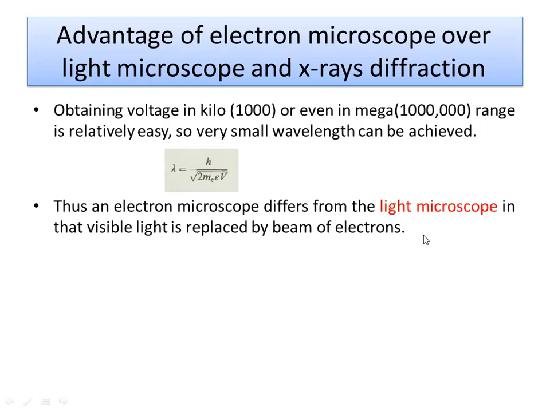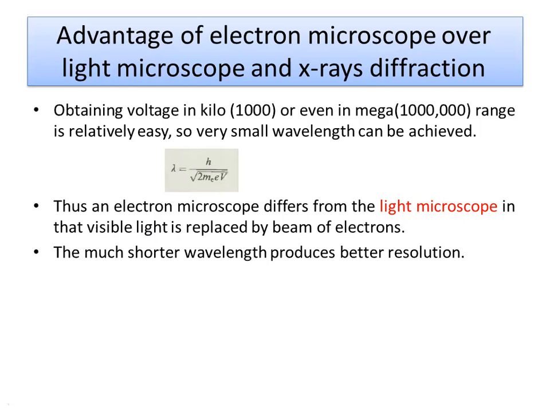In the light microscope you use visible light, but in the electron microscope you replace the visible light with electrons, which have a much shorter wavelength as compared to the visible region. Clear again?